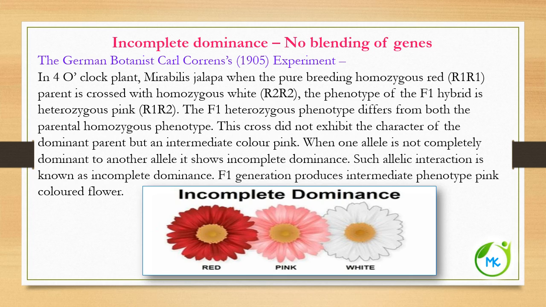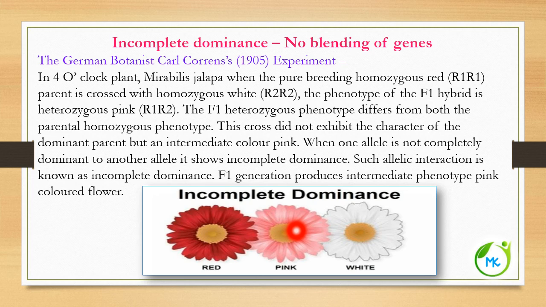The pure breeding homozygous red plant is crossed with a homozygous white plant. The phenotype of the F1 hybrid is pink color. So when red and white are crossed, it developed a pink color plant.